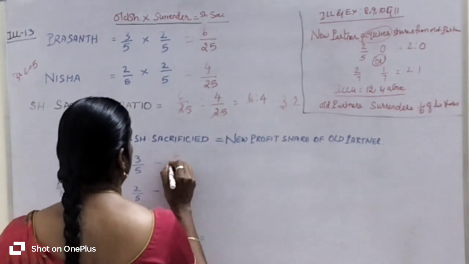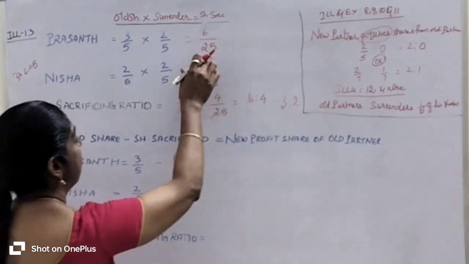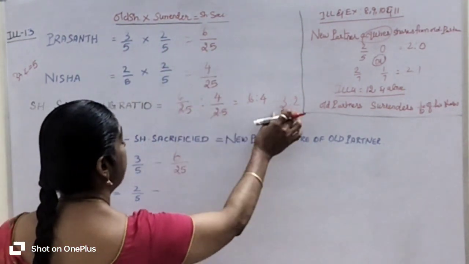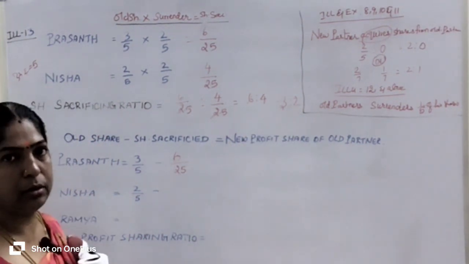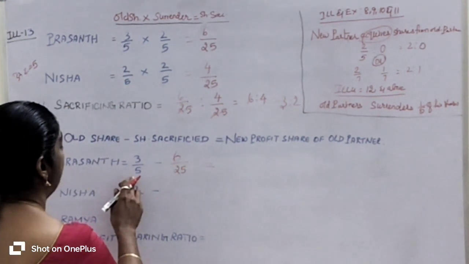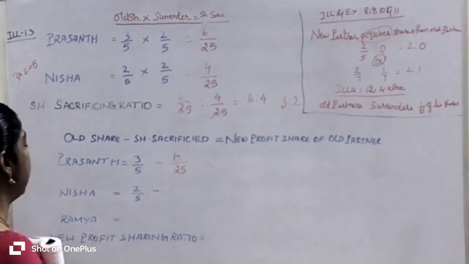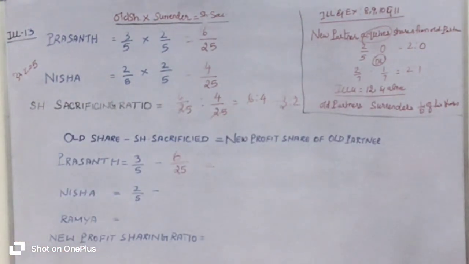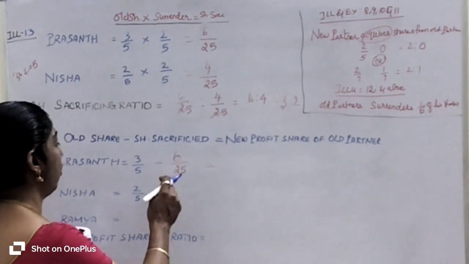Listen here carefully. We have to take only the 6/25 share sacrificing ratio. We can't take 3/25 or 2/25. Here we have 5 and 25 in the denominator, so different values. 5 is not divisible by 25, but 25 is divisible by 5. 5 5s are 25.